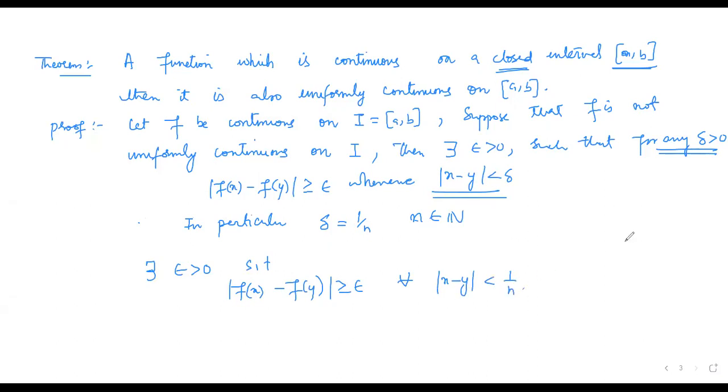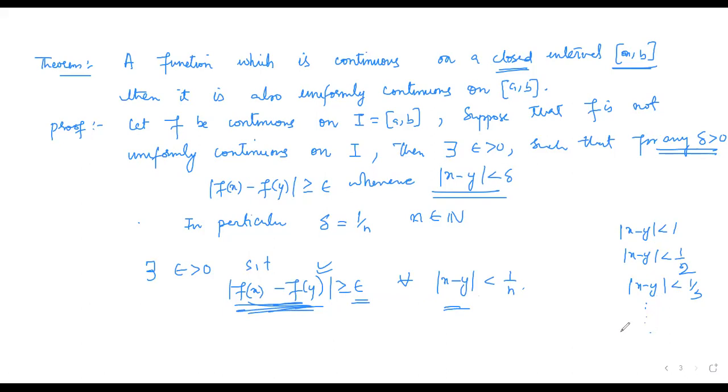So this means points that are arbitrarily close together. So that would mean what? If |x - y| is less than 1, this is still true. If |x - y| is less than 1/2, the difference between their function values is still not getting smaller. It is bigger than or equal to epsilon. Even if I make it smaller still, the distance is still bigger than epsilon, it is not decreasing.